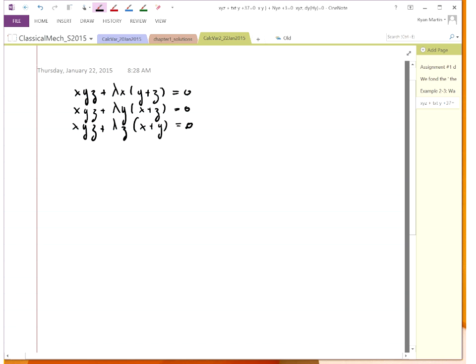Okay? So let me take now the first 2 equations and set the xyz terms equal to each other. So that gives me lambda x times y plus z equals lambda y times x plus z. Right, so there's a lambda xy on both sides, right?